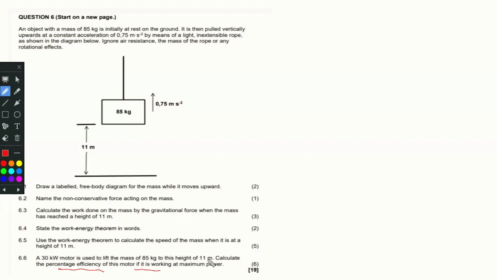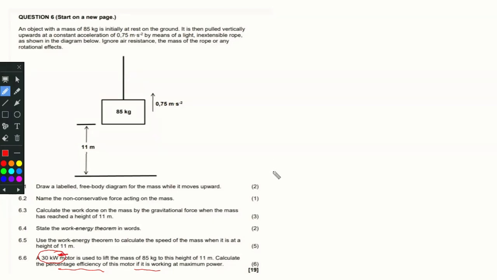So we want the percentage efficiency. The 30 kilowatts is probably the maximum power that it can supply, but obviously not all of that power will be at work. So if it's working at that maximum power, what's the percentage efficiency compared to the total power that it can actually supply?